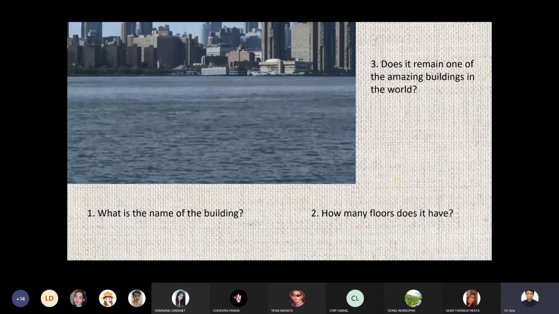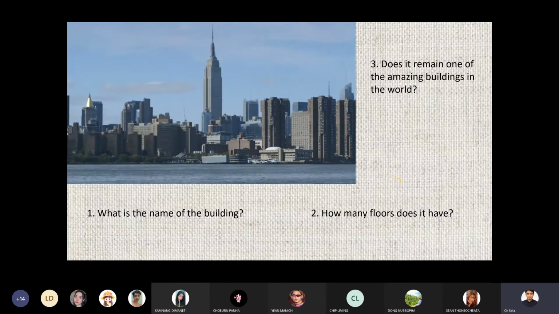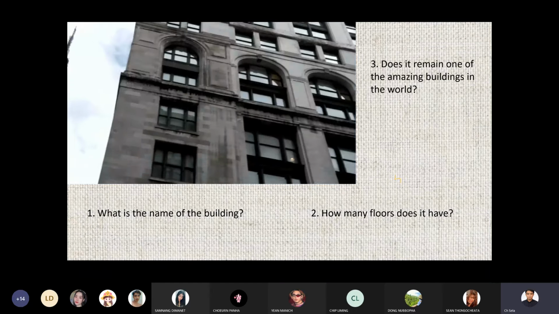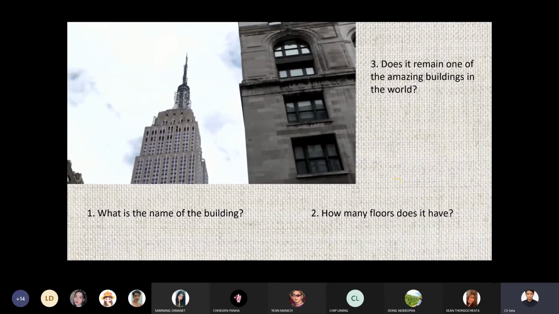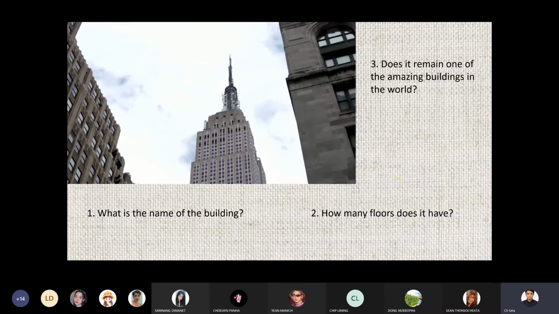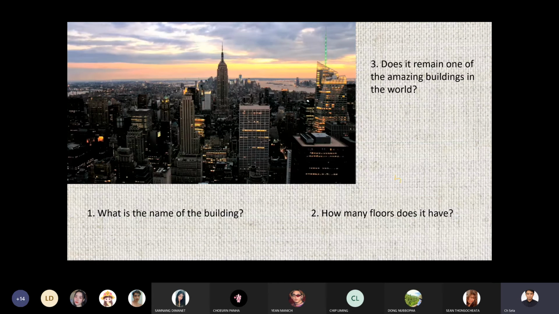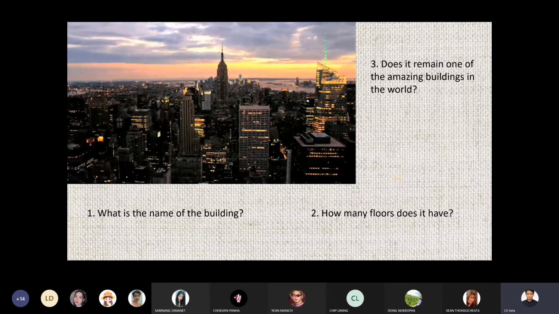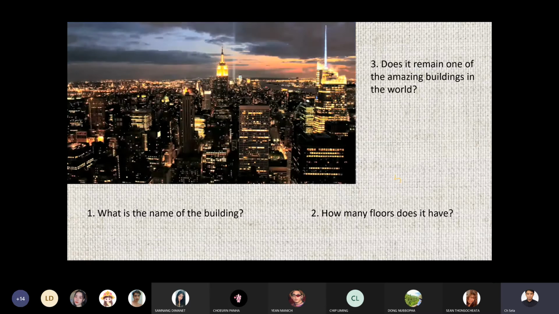The Empire State Building is a symbol of both New York and the United States. It was ranked number 1 on the list of America's favorite architecture by the American Institute of Architects. The Empire State Building was an ambitious architectural project when it was first built. Today, it remains one of the most amazing buildings in the world.